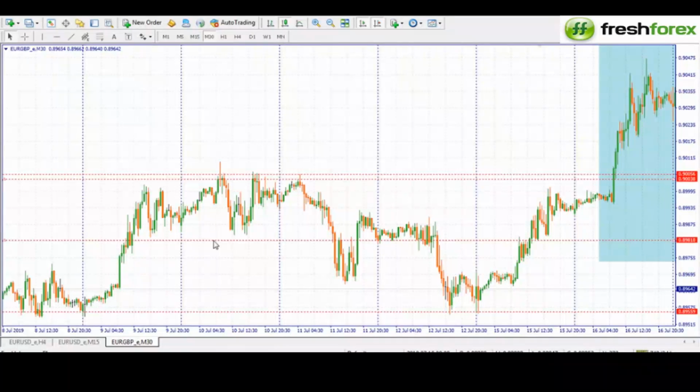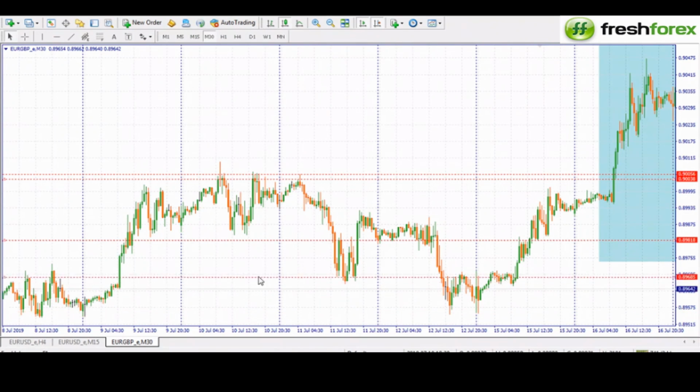So we look at that, on the area that I've colored, on the area where I'm having my lines.